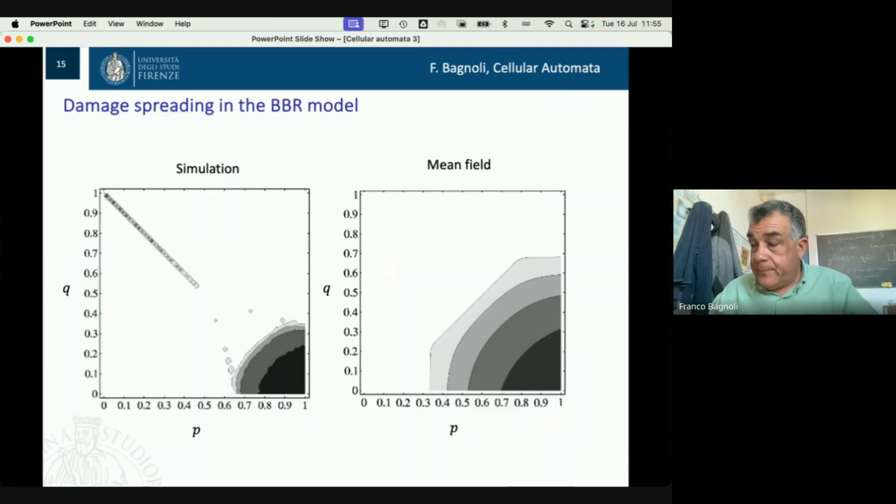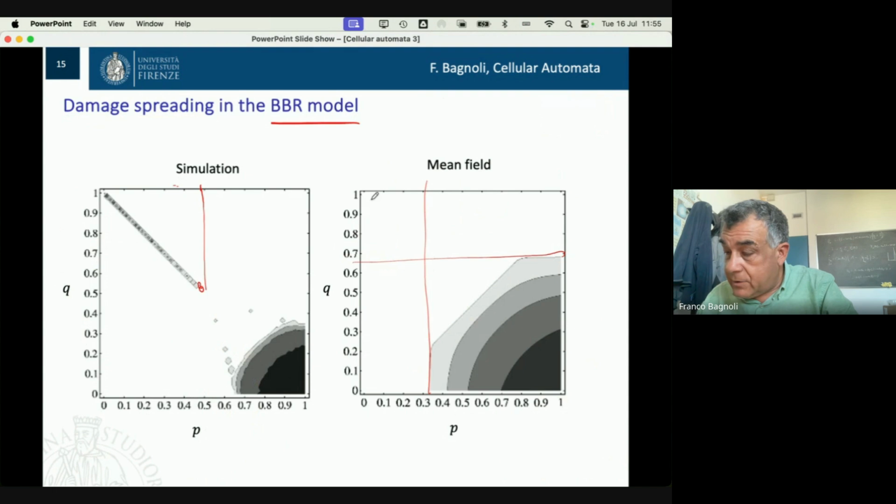And if you do the same in the BBR model, you remember in the mean field we had this. This is the mean field. In the mean field we had this region.